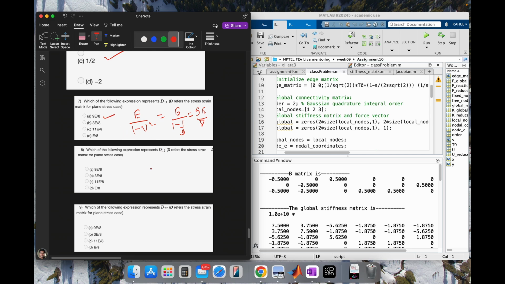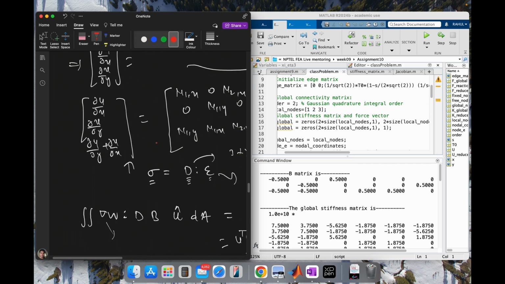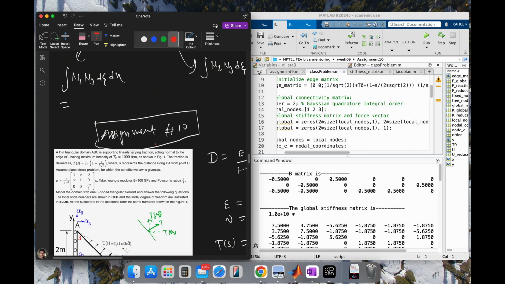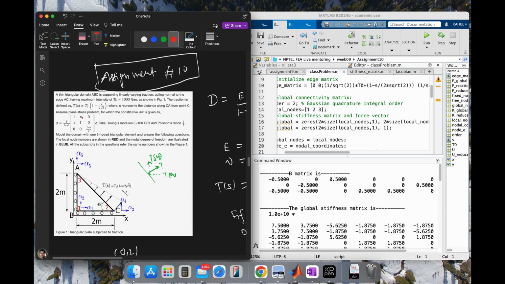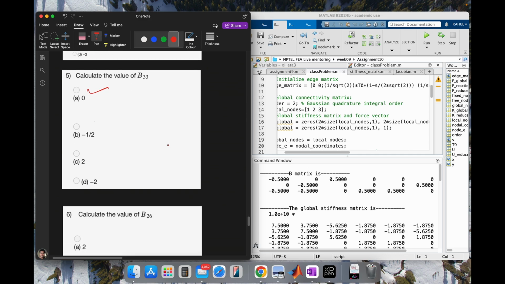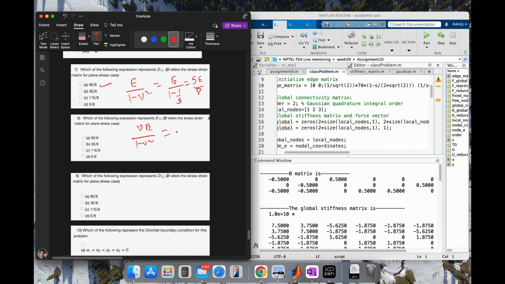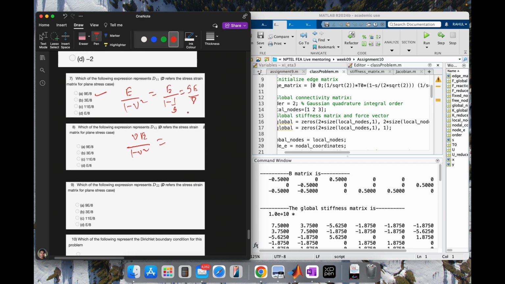It is asking what is D12. Again we will use whatever is given. D12 means nu E divided by 1 minus nu square, which means E divided by 1 minus nu square is 9E by 8.